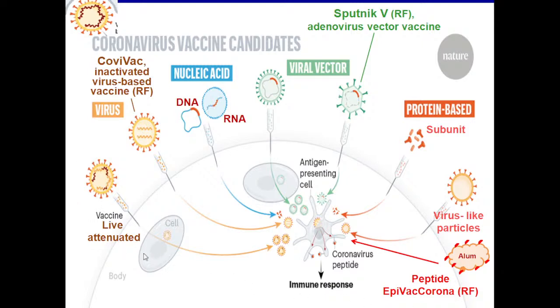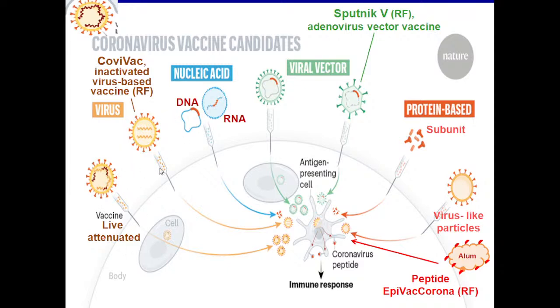So the live attenuated vaccine is not a very common approach, right? Because we believe it may, under some conditions, cause the cytokine storm, so this is not a very popular target.